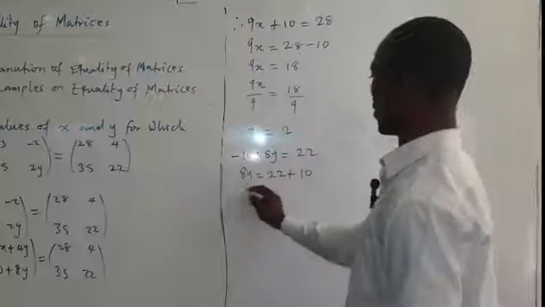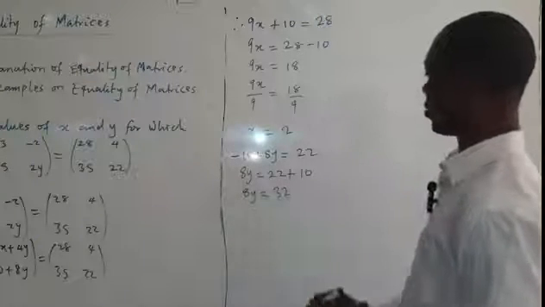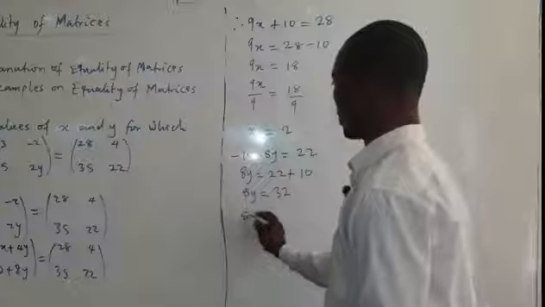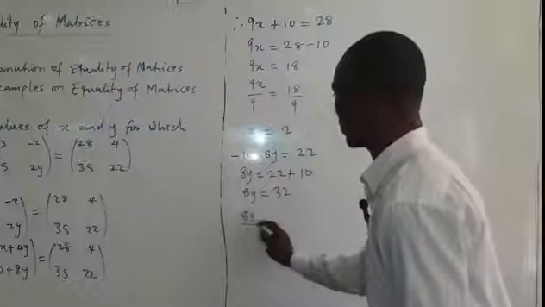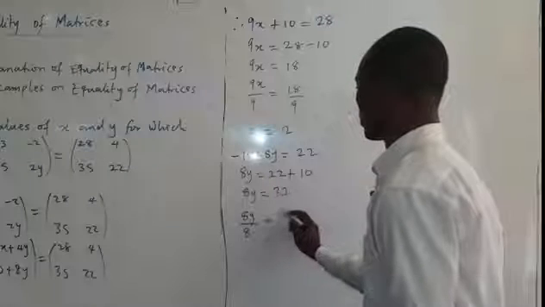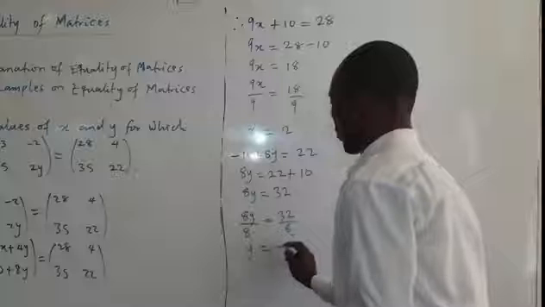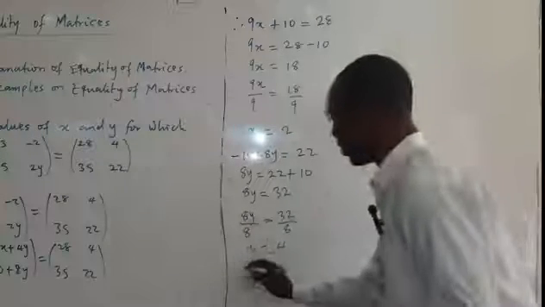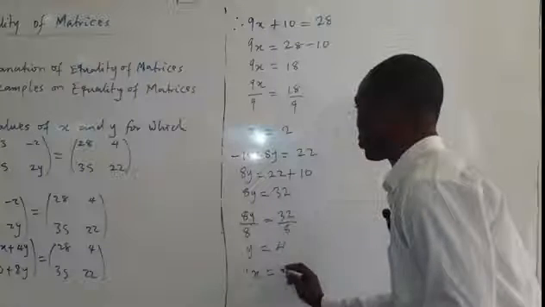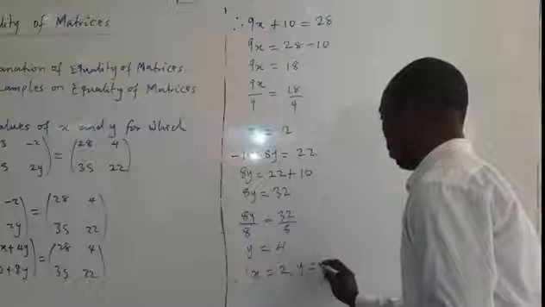So we have 8y equals 32. So 8y over 8 equals 32 over 8. So y equals 4. You can now say therefore x is equal to 2, then y is equal to 4.